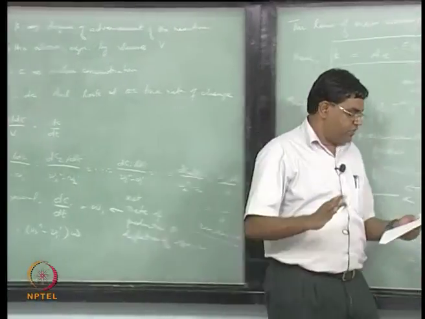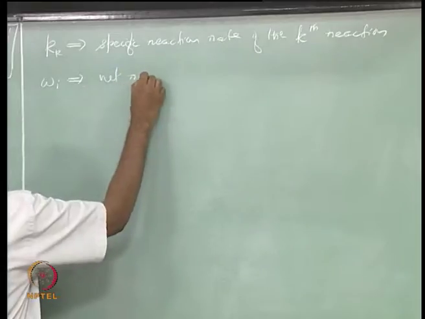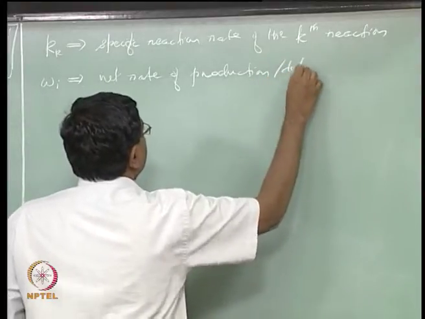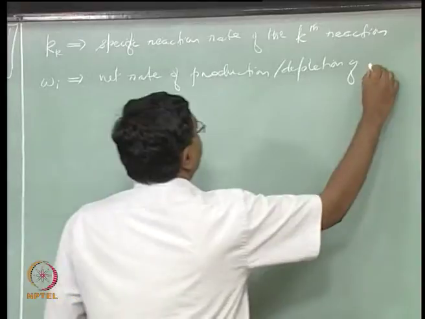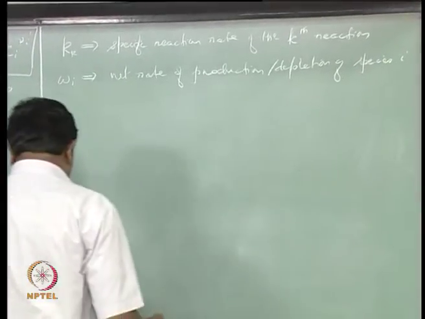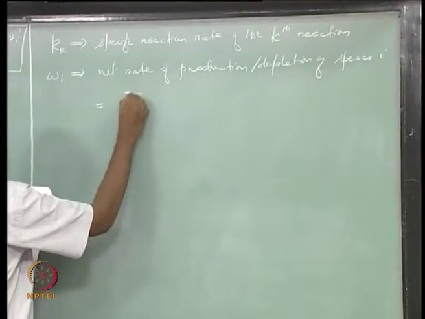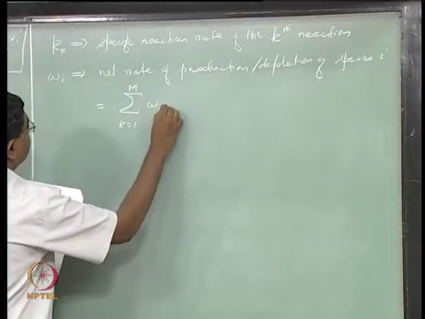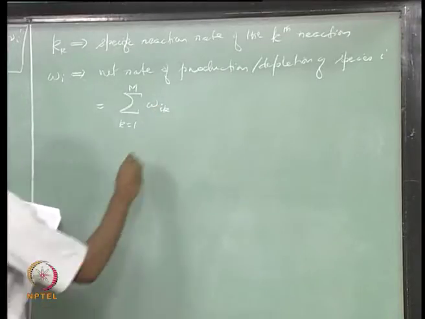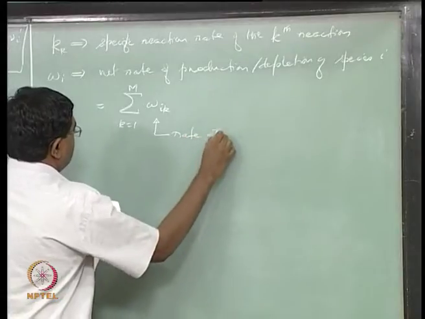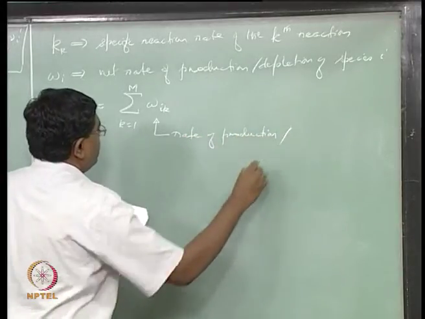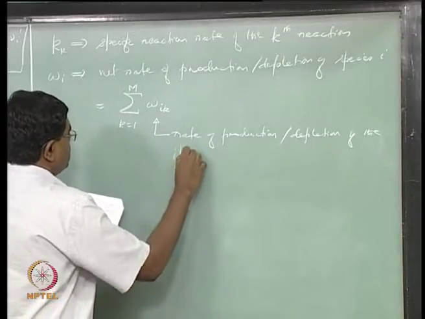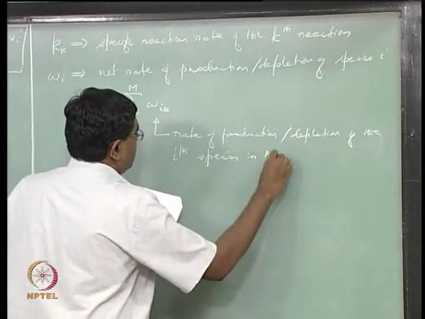Omega I is the net rate of production or depletion of species I. This will be equal to sigma k equals 1 to capital M omega ik, where omega ik is the rate of production or depletion of the ith species in the kth reaction.